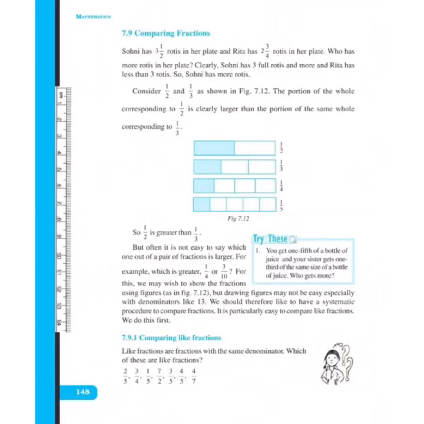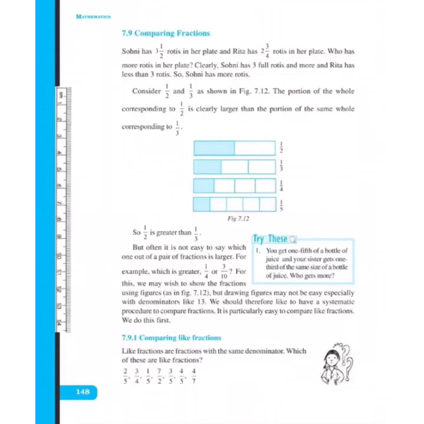Here we have 4 bars, and children, you can see the first bar is divided into 2 parts and one part is shaded, so it is half. The second bar is of the same size as 1 by 2, but it is divided into 3 parts and one part is shaded.